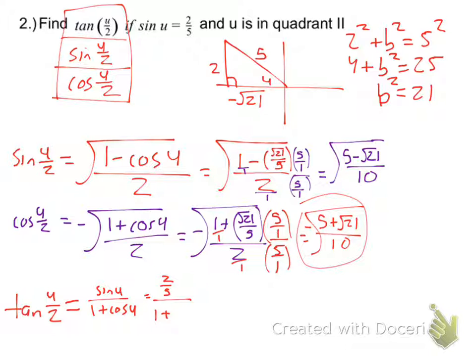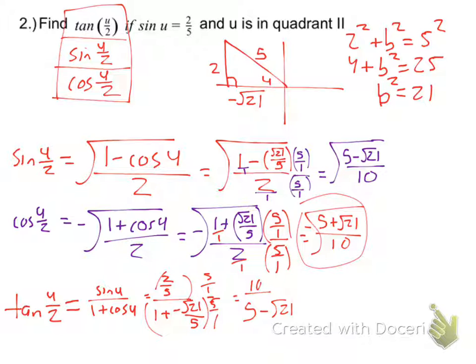1 plus cosine u. Let's make it a negative square root of 21 over 5, which results in a complex fraction here. If I multiply the top and bottom by 5 over 1, we would end up with 10 over 5 minus the square root of 21.